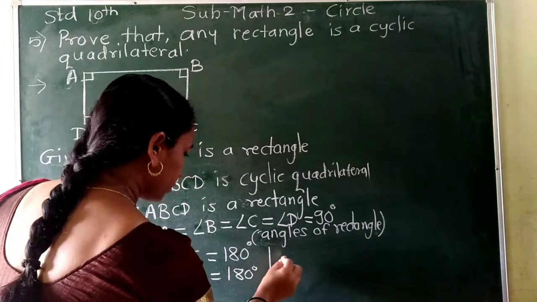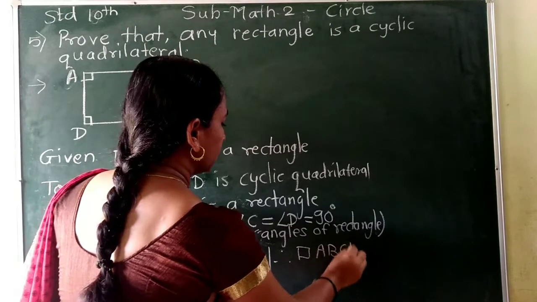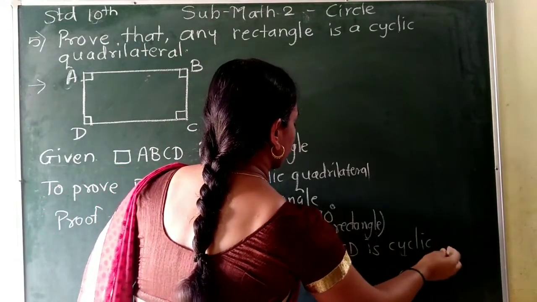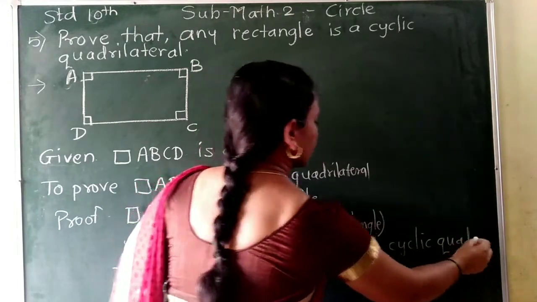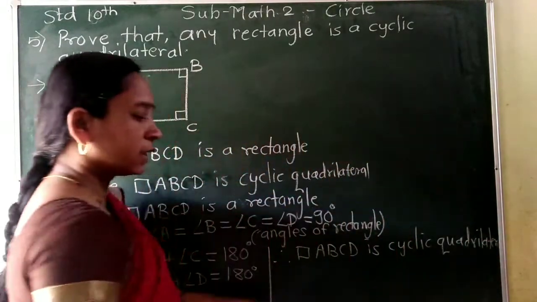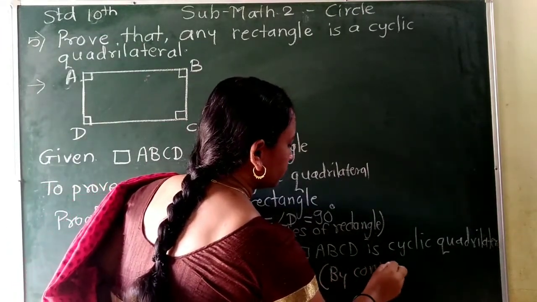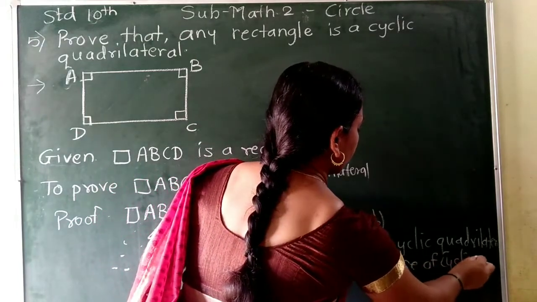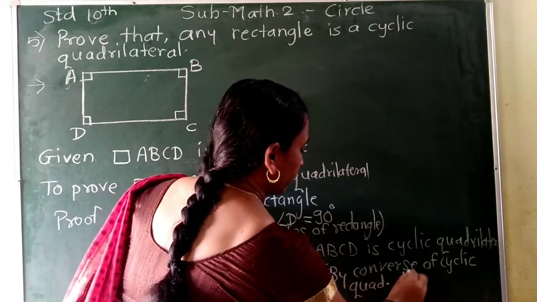So therefore, quadrilateral ABCD is a cyclic quadrilateral. What is the reason? By the converse of the cyclic quadrilateral theorem.